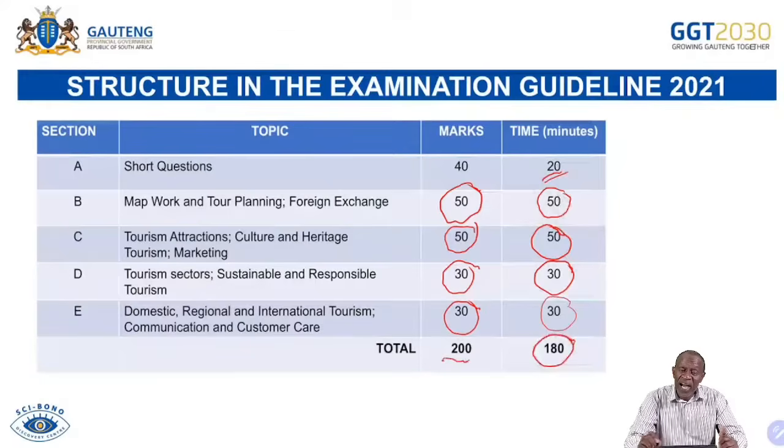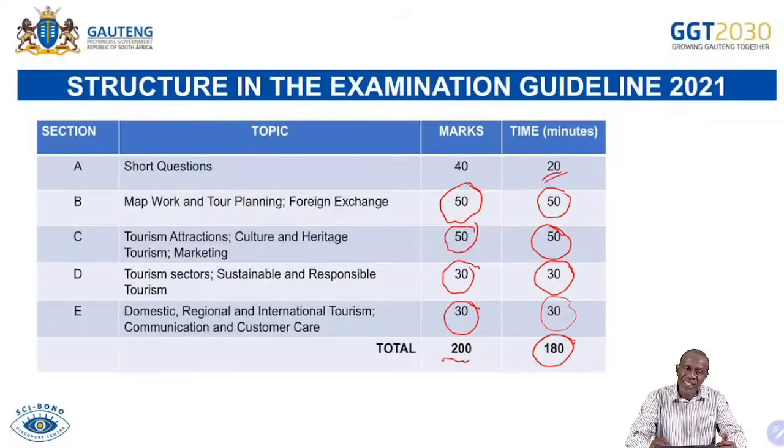It's one paper out of 200. It is a very long paper, so try to adapt yourself to the times allocated. But at the same time, it doesn't indicate that when you finish a section before the suggested time, you are not supposed to move forward to answer the other questions.